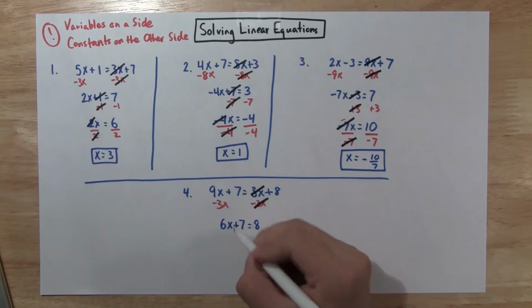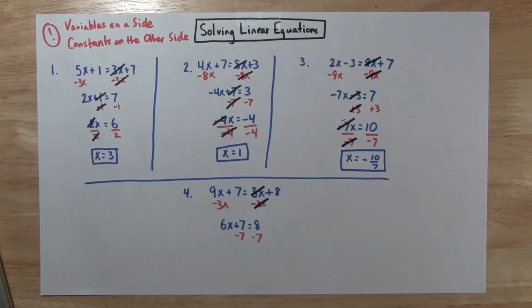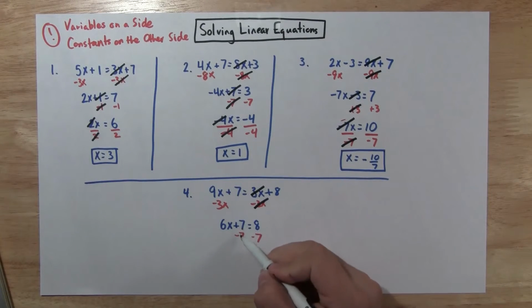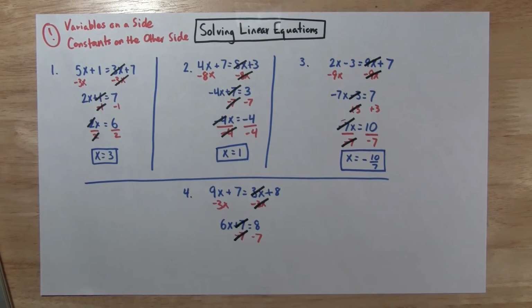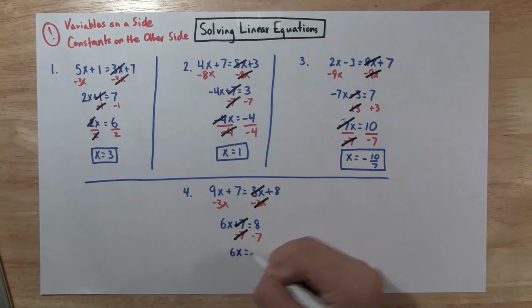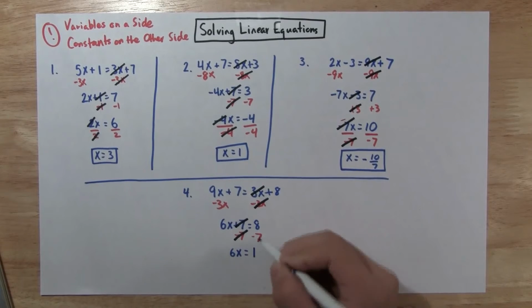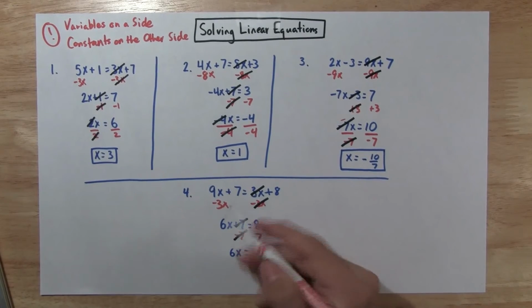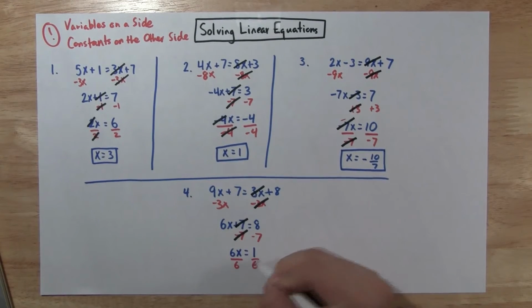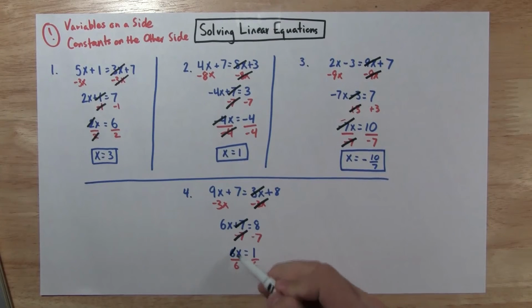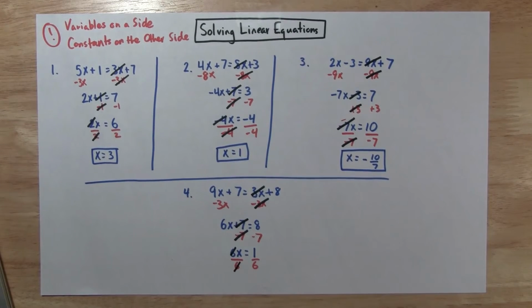Now you can subtract 7 from both sides because 7 and negative 7 cancel out, and you're left with 6x equals 8 plus negative 7, which is just 8 minus 7, which is 1. Now you can divide both sides by 6 because the 6 and the 6 cancel out, and you're left with x equals 1 over 6.